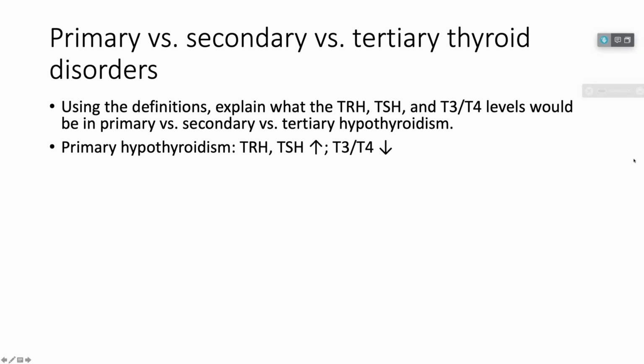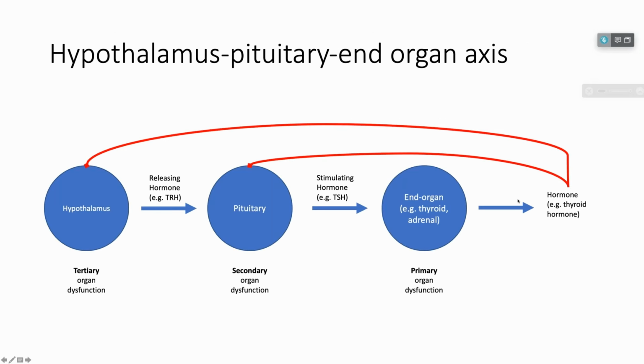I'm lacking feedback from my end organ, and that's why the hypothalamus is increasingly stimulating the pituitary that's defective for whatever reason. So if I have a pituitary problem and decreased production of TSH, it also means I'm going to produce less T3, T4. With less T3, T4, I will disinhibit the hypothalamus and in theory the pituitary. The problem is I have a problem in the pituitary, so even if I disinhibit it, I can't increase my TSH. So TRH is up, TSH is down, T3, T4 is down.